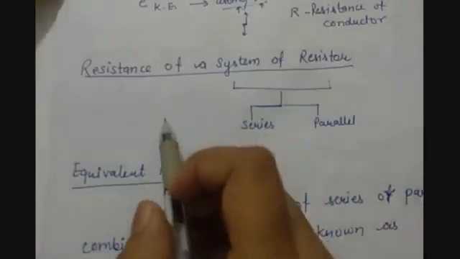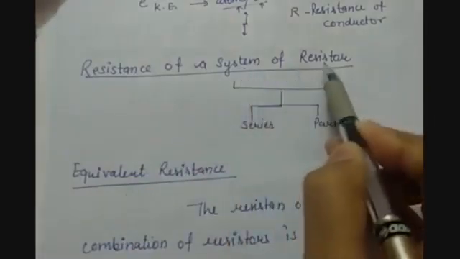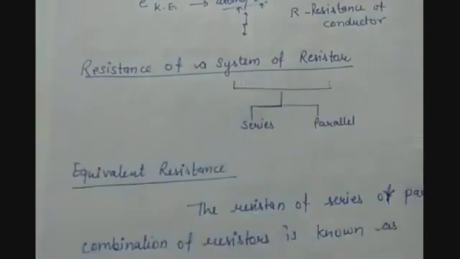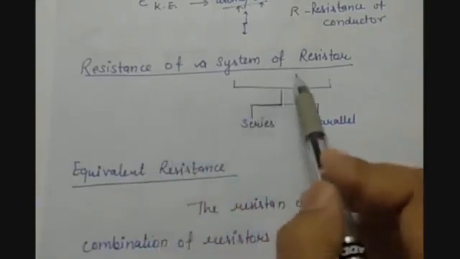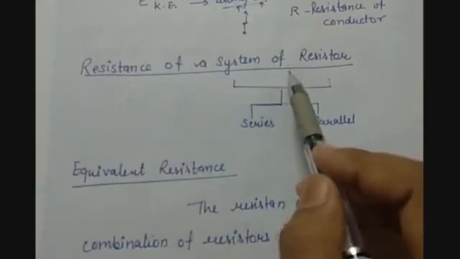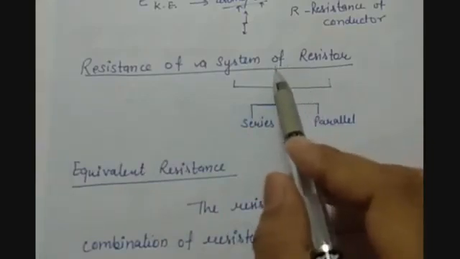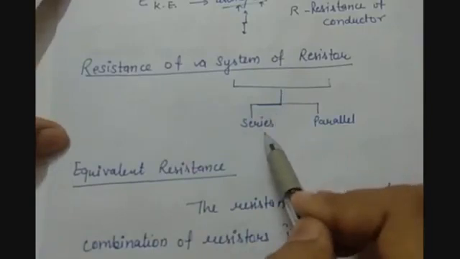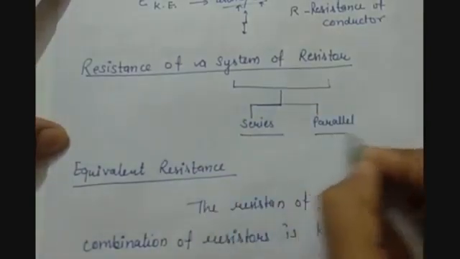Then we have the topic resistance of system of resistors, because an electric circuit has various electrical components. Each electric component is made up of some material, and because of that it has some resistance. So depending upon the arrangement of the resistors in the electric circuit, there can be two types of arrangements: series and parallel.